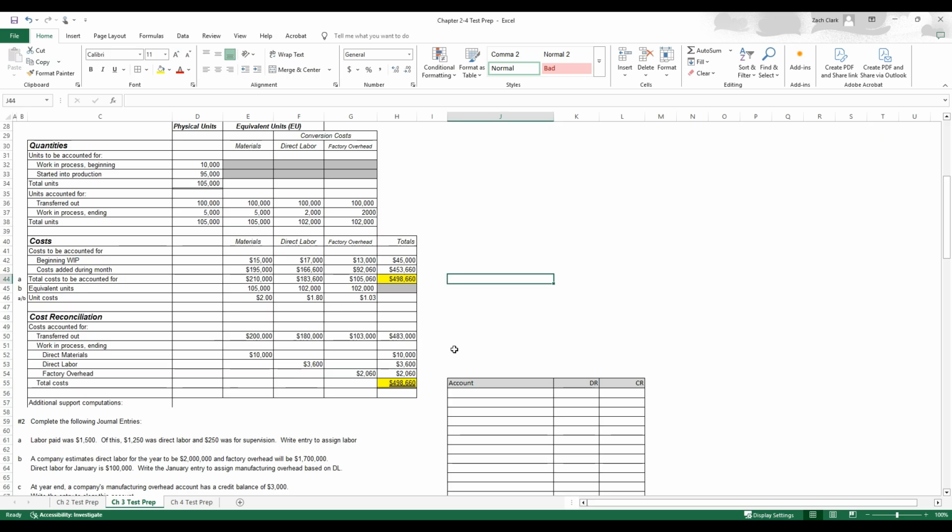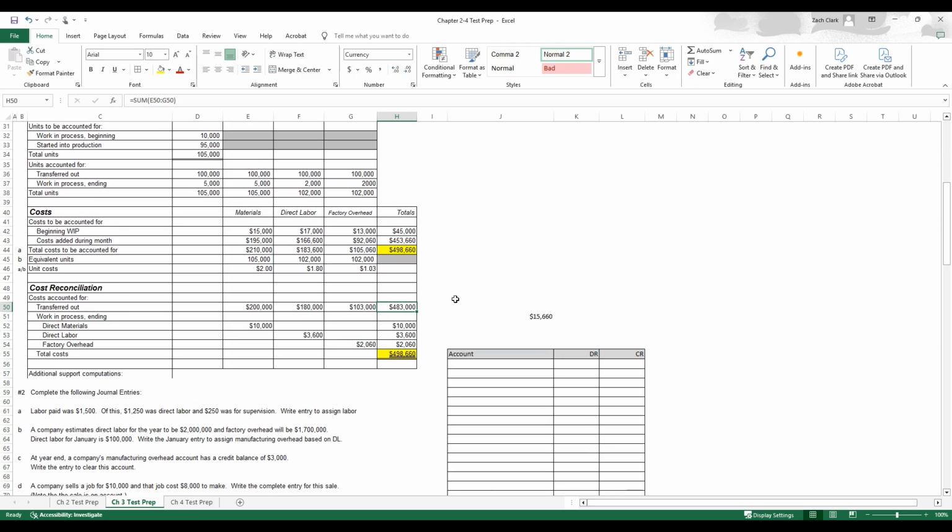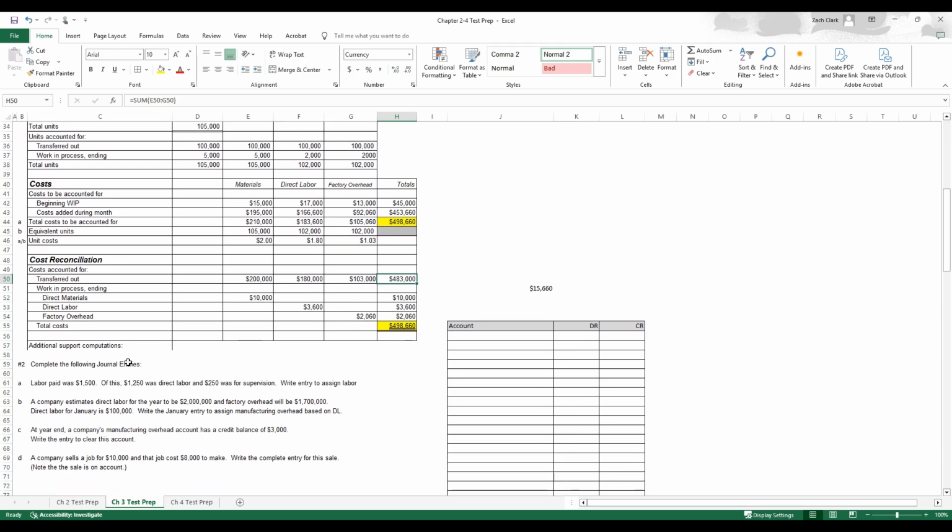And if we want to know what's in total WIP cost at the end of the month, we can add all three of these together. So we have $15,660 of cost in WIP at the end of the month. Okay, so that's our whole, and then the cost of the amount transferred out to the next department or process is $483,000 there. So great.